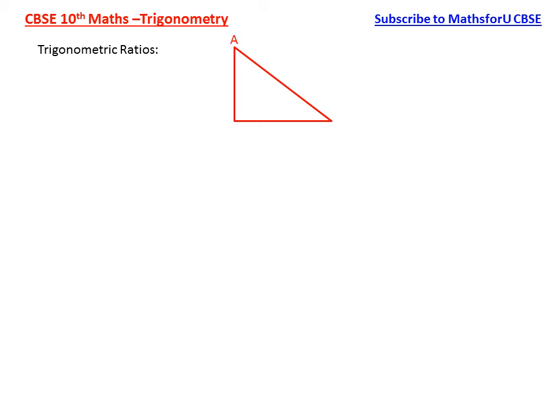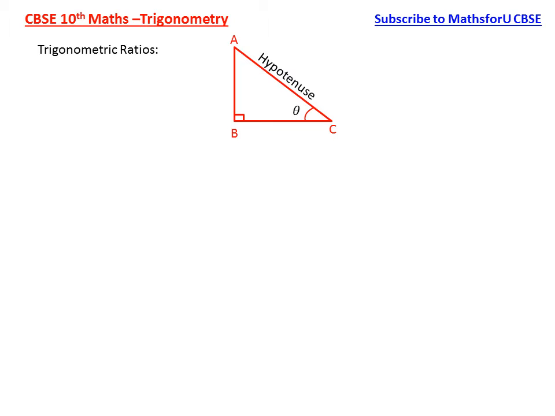Now let us take the triangle ABC, right angled at B, which means angle B is 90 degrees. Here we take theta at C. Whatever is opposite to theta is called the opposite side, and the biggest side of the triangle, that is AC, is called the hypotenuse, and the other third side is called the adjacent side.